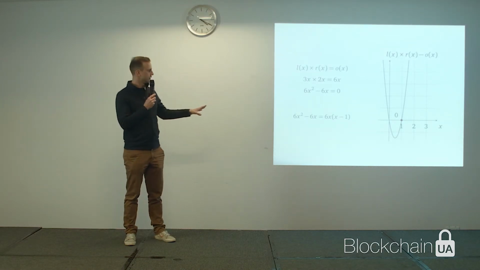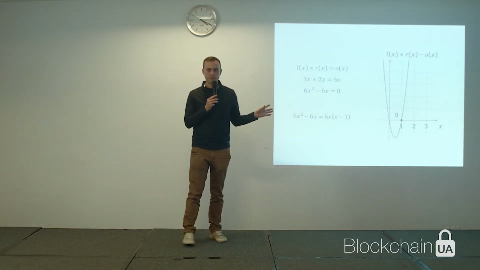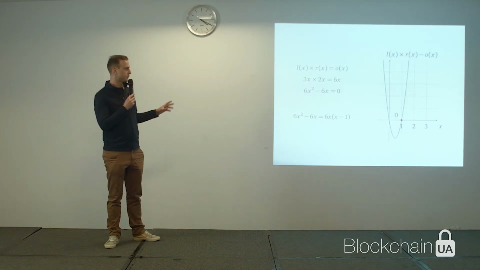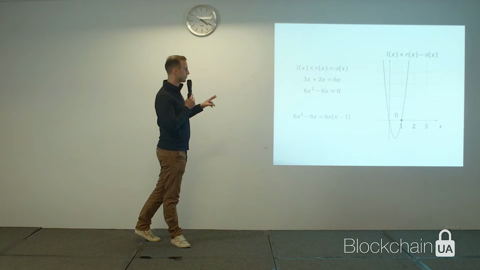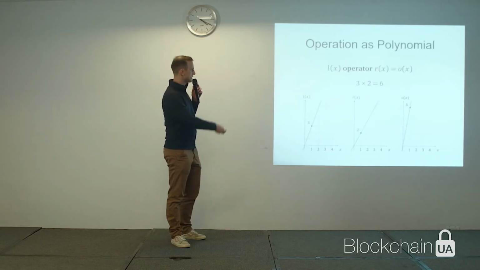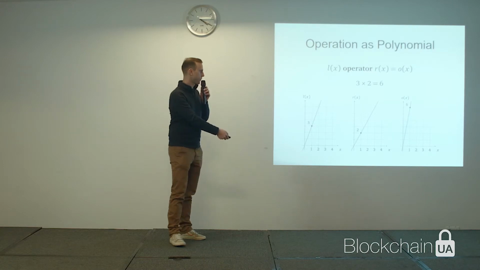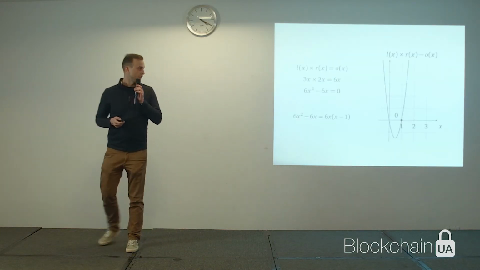we get a polynomial that should evaluate to 0 at point 1. What it actually means is that this polynomial should have x minus 1 as a cofactor, and this holds only if the operation is correct. For example, if we put in 7, it would be minus 1, so it will not match.